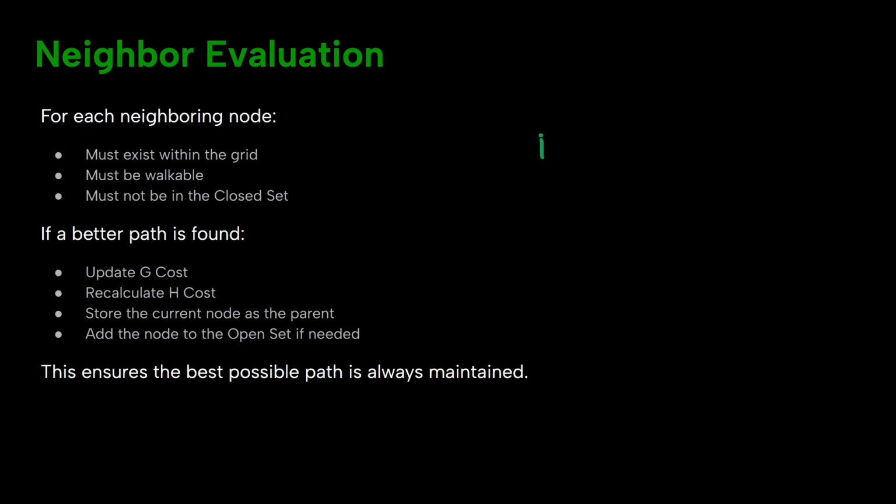Basically, based on the current cell that we are in and the movement type, the neighbors could be different, and their walkability will also affect the neighbors' validity.